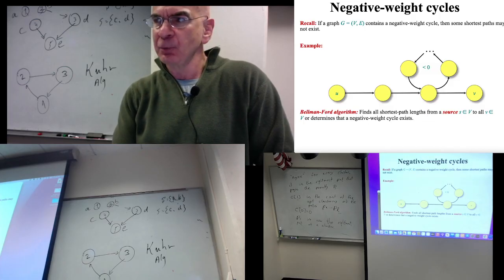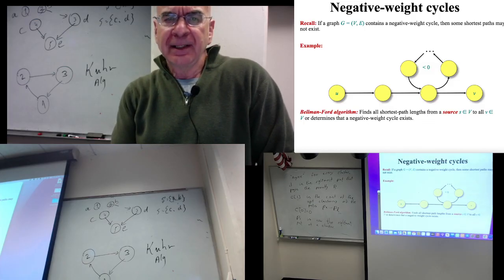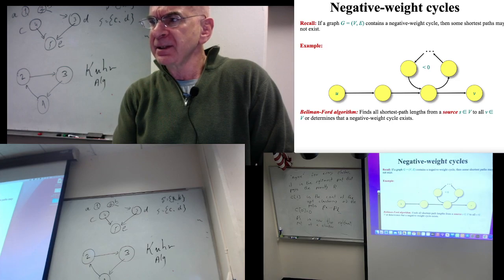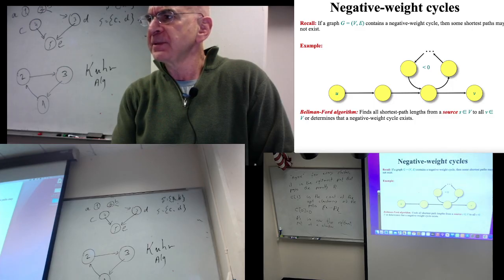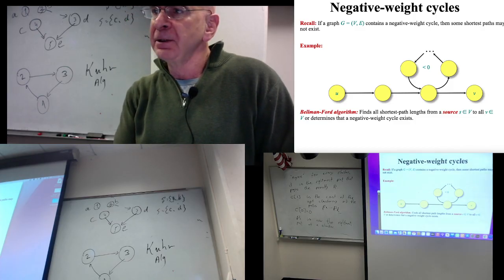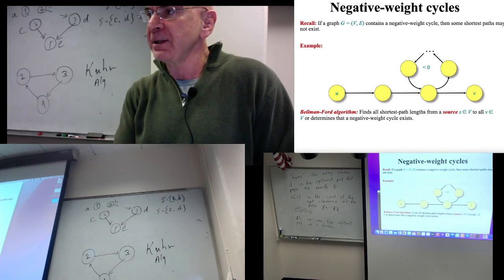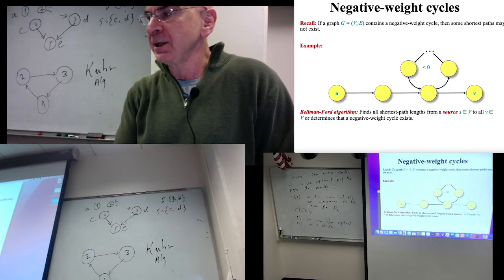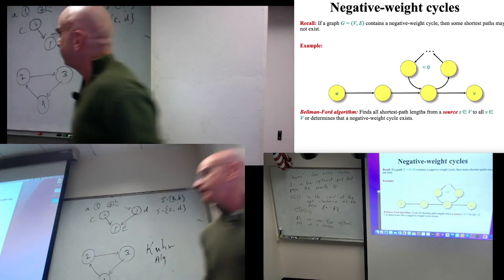when we discuss multi-commodity. Negative cycle: any cycle that sums up to a negative value. And the problem with a negative cycle is not that it causes a bug in the algorithm. It's that the question of what is the shortest path from U to V makes no sense once I have a negative cycle. What is the shortest path from U to V?